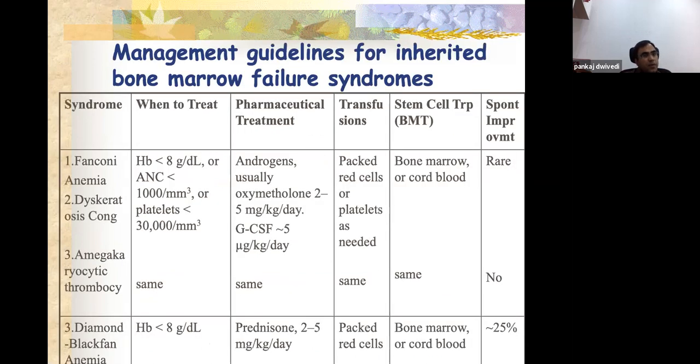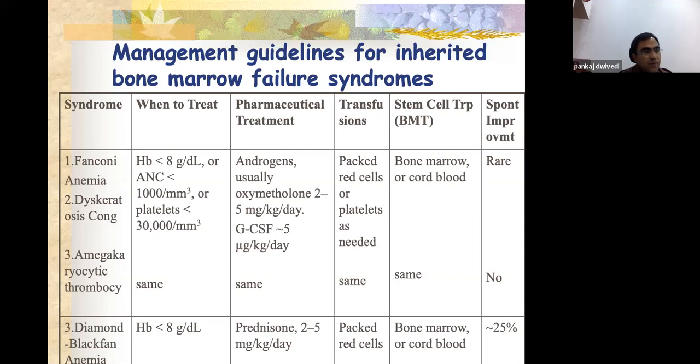When to treat Fanconi: hemoglobin less than 8 or ANC less than 1000. Previously we were using androgens, but now transplant is the only mode of treatment. Dyskeratosis congenita needs bone marrow transplant too, and amegakaryocytic thrombocytopenia needs a bone marrow transplant.